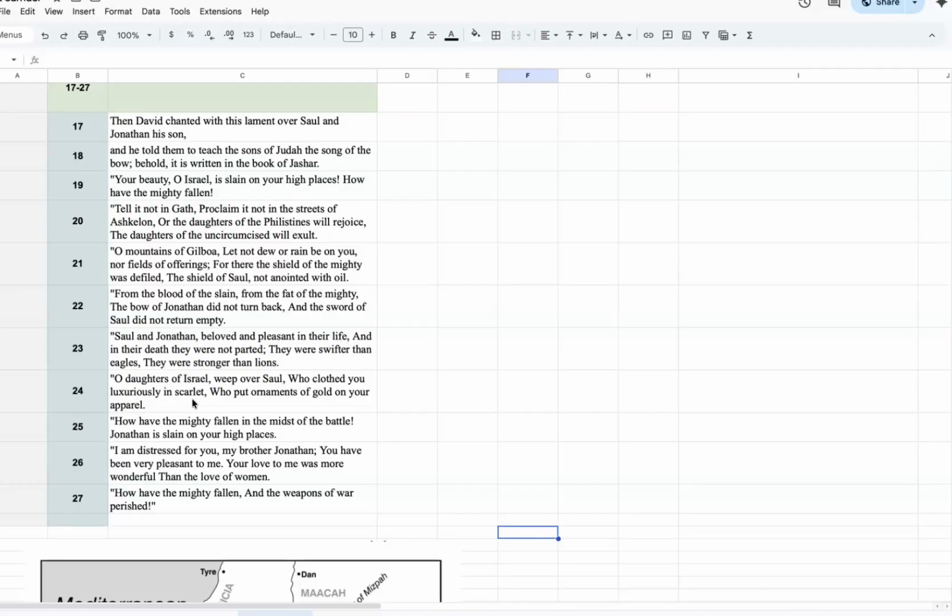Jonathan is featured here because he would have been next in line to the throne, and also because they were in a covenant relationship. The other two brothers aren't really in the narrative in First Samuel because they weren't next in line for the throne. Jonathan was, and it was Jonathan that made the covenant with the house of David.